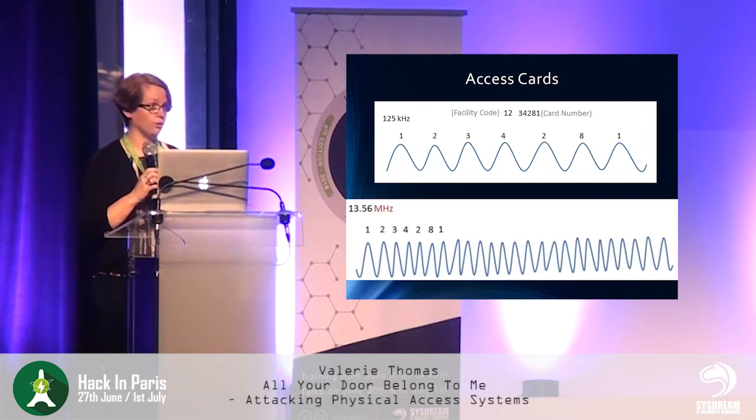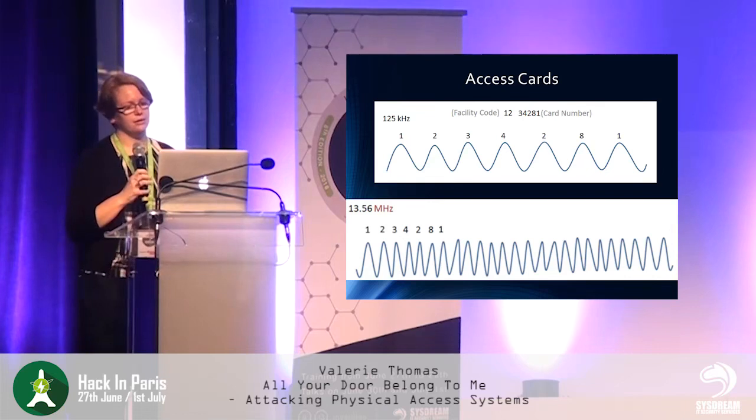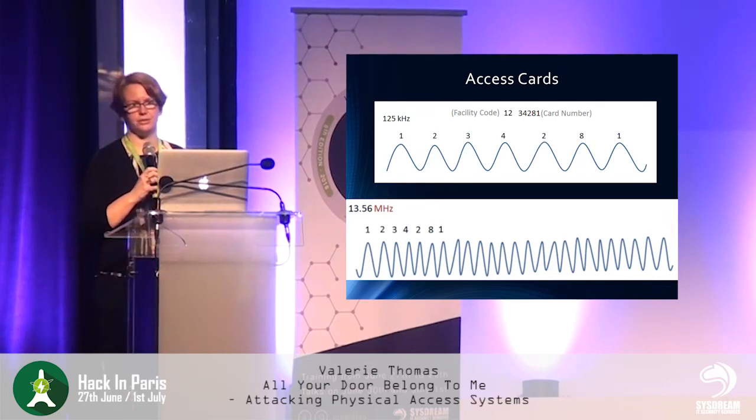On our top one, we see our 125 kilohertz card. That frequency is slow, and that's the other reason we can't put a lot of data on there. It won't fit, and it would take too long for that wave pattern to get through to be decoded on the other side. Our facility code and our card number are the two important pieces when it comes to physical access credentials.